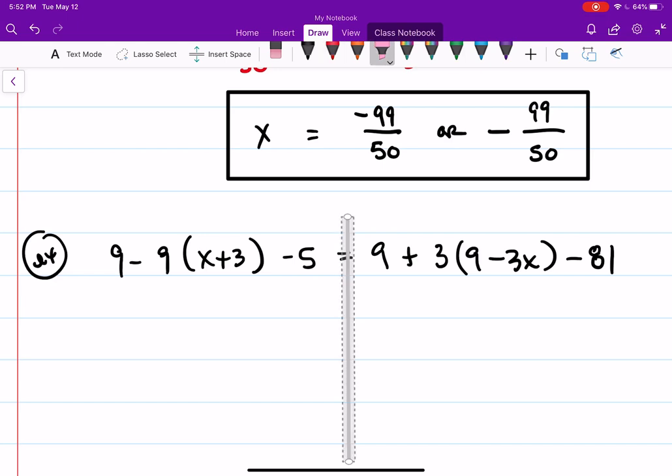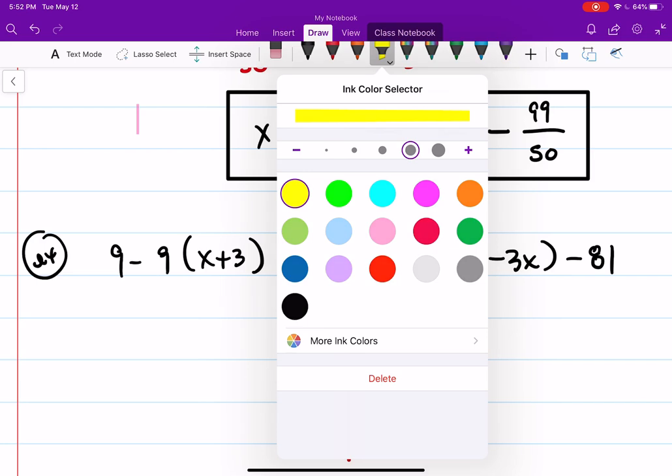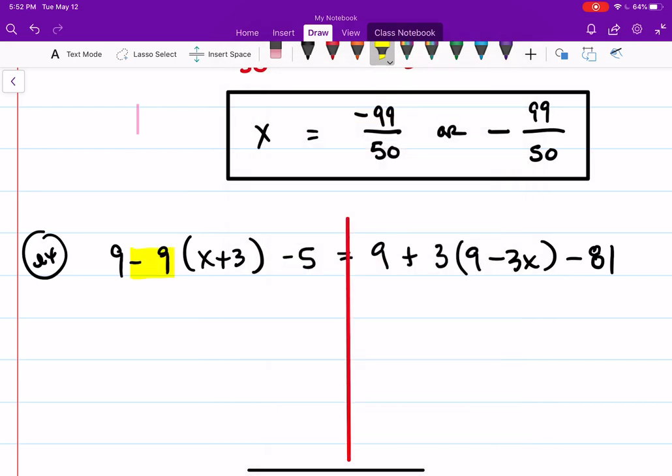Over on this side, I'm looking at the -9 here, and on this side, I'm looking at the +3 here, and that needs to be distributed. It's just whatever's immediately in front, okay? Not the 9 plus 3 gets distributed, just the +3.